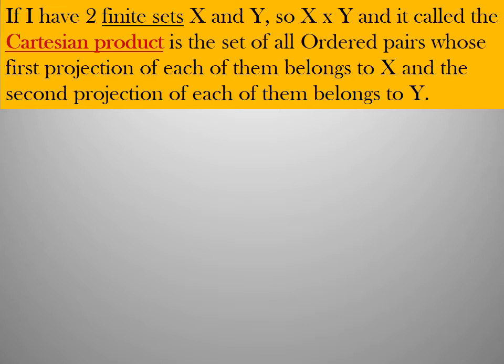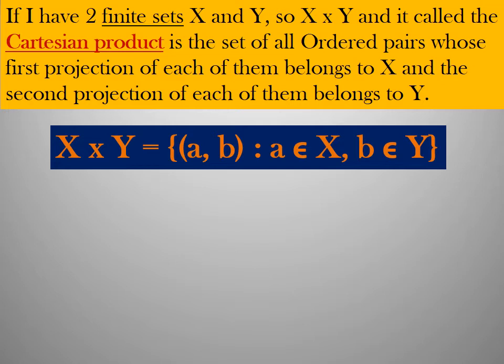It is the set of all ordered pairs. This Cartesian product is a set of ordered pairs. These ordered pairs have two projections, or two numbers, whose first projection of each of them belongs to x, the first set, and the second projection of each of them belongs to y, which is the second set, as we noticed in the previous example.